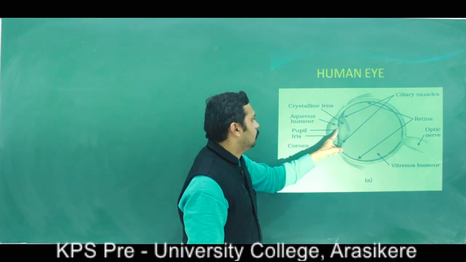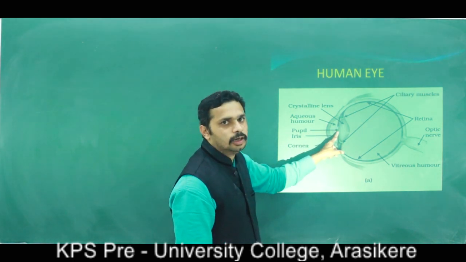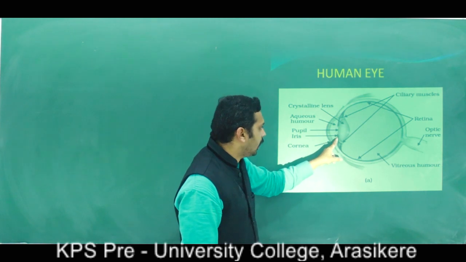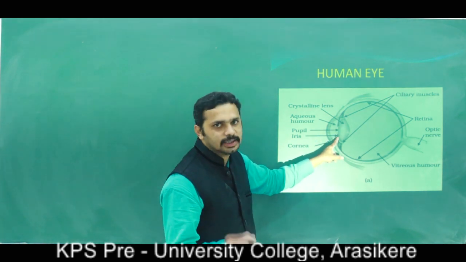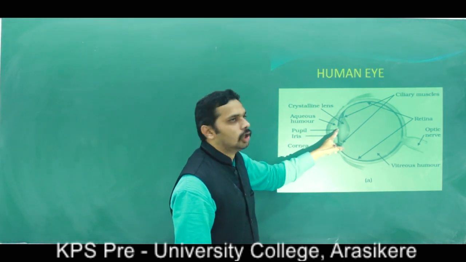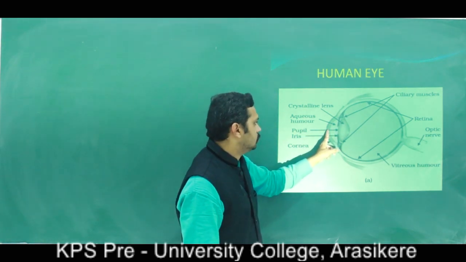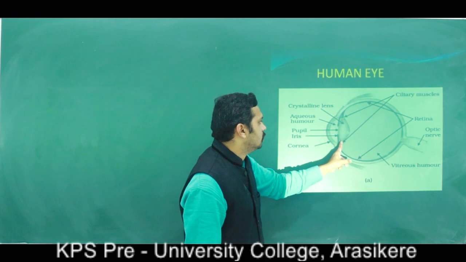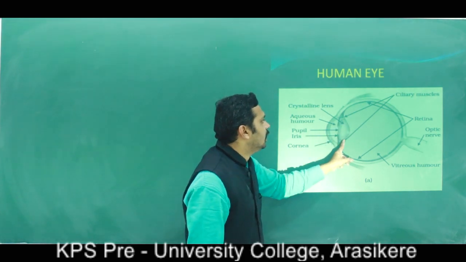What is the pupil? The pupil means a small hole, the central hole in the iris. The iris is a protective layer, and the small hole in the iris is called the pupil. The light goes through the pupil and falls on the crystalline lens.